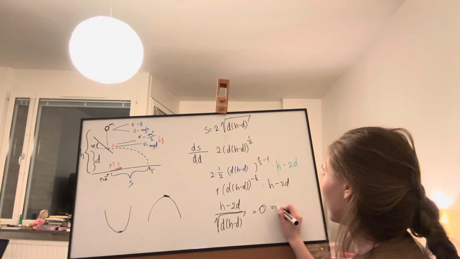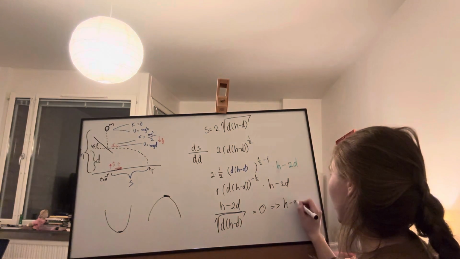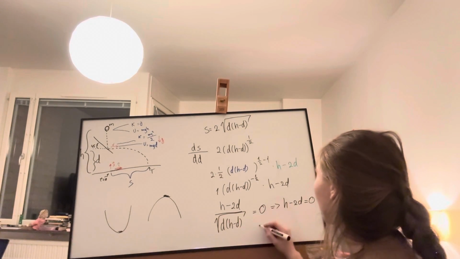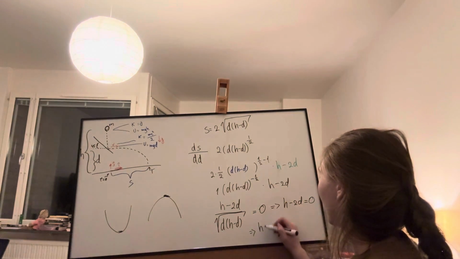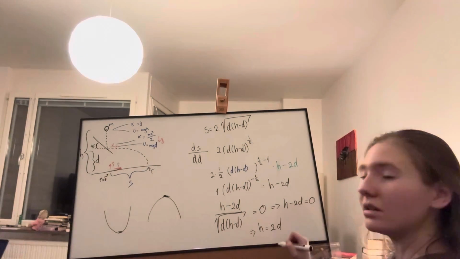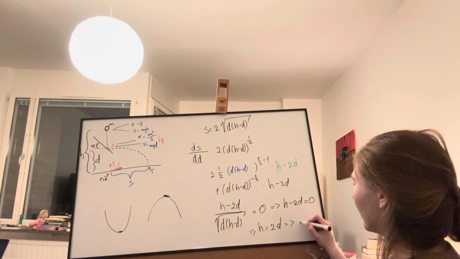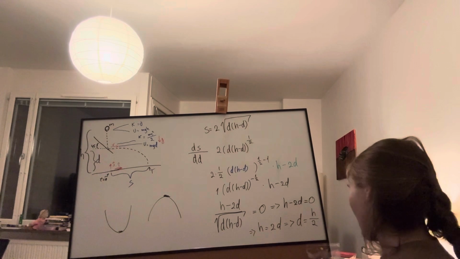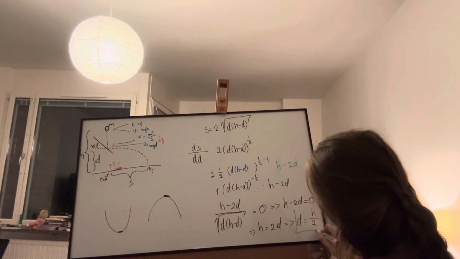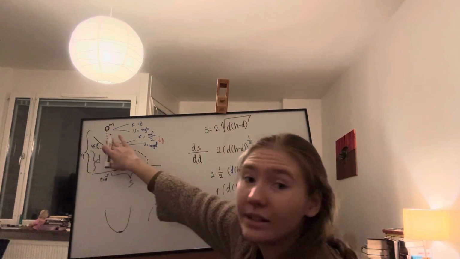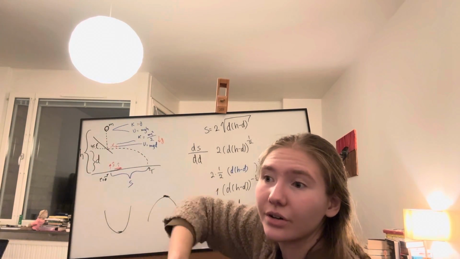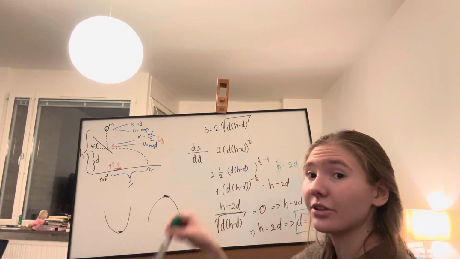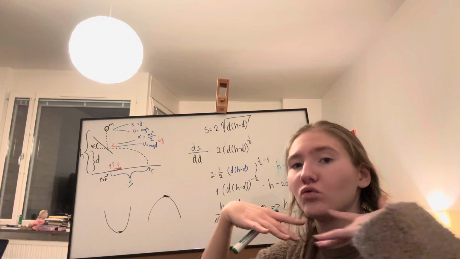So it will be h minus 2d is equal to 0, which becomes h equals 2d, which becomes d is equal to h over 2, which is the optimal height for the collision to happen, for the mass to land the furthest away as possible. Peace.